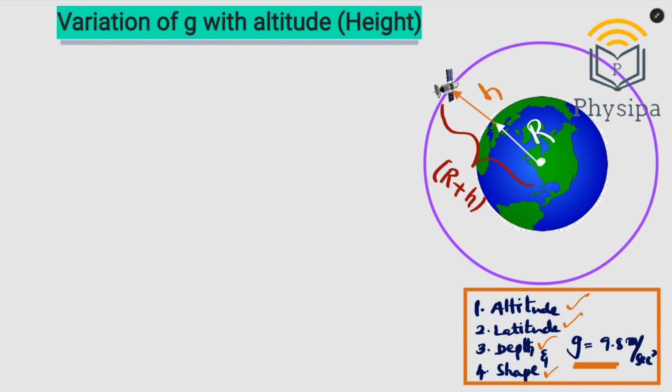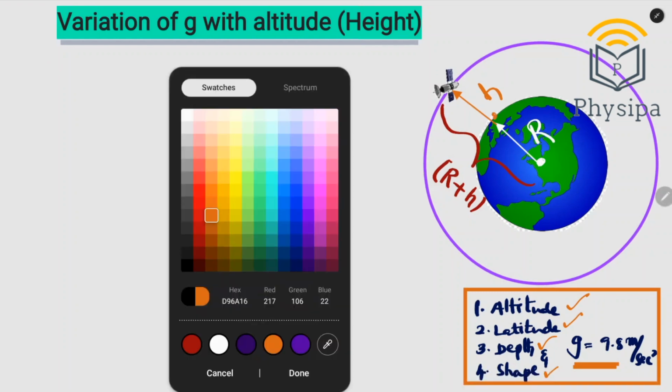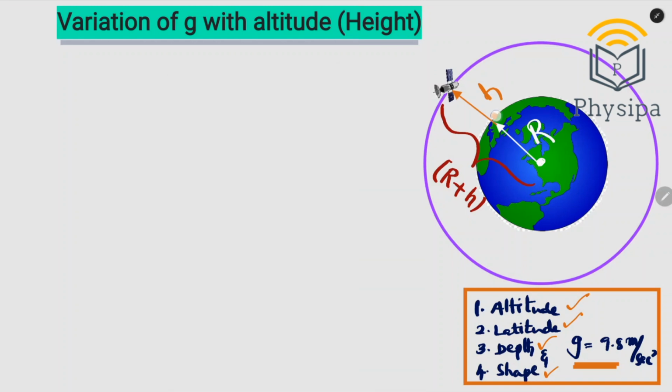Let us consider an object situated at this point. The mass of this object is small m and the mass of earth is capital M, because it is a huge body.